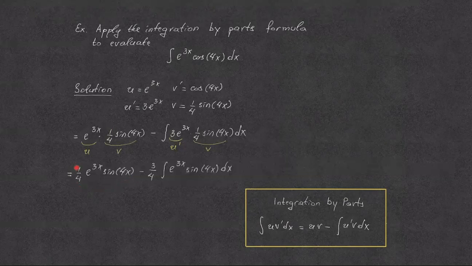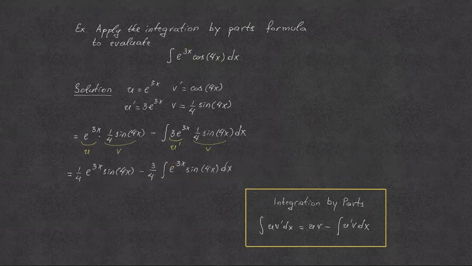This expression here, the first term, is in simplest form. We cannot do anything with that. But looking at the second term, which is the integral again, we see that it's kind of similar to the original one, but the cosine got changed to sine.